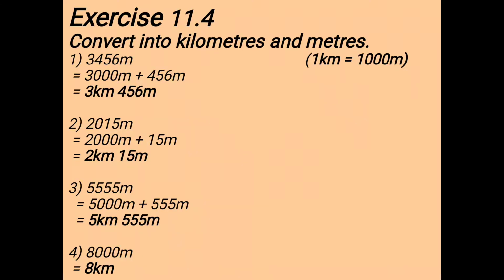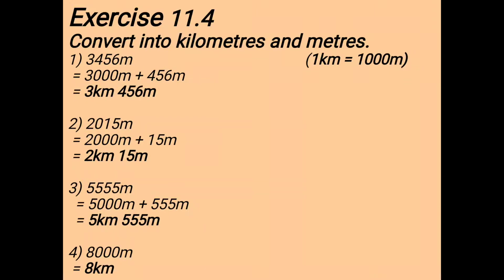You are going to convert into kilometers and meters. So again you are going to separate the 3000 part aside and another part aside. That is 3000 meters plus 456 meters.